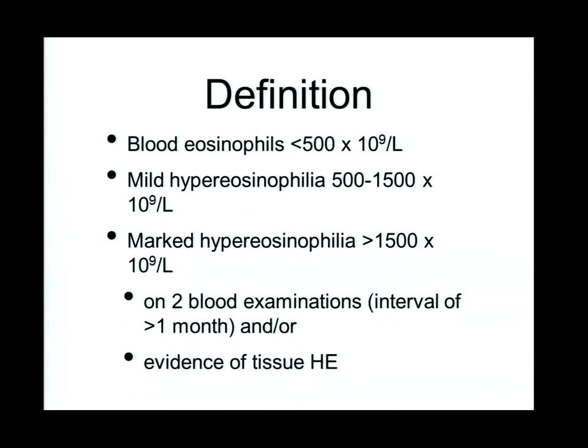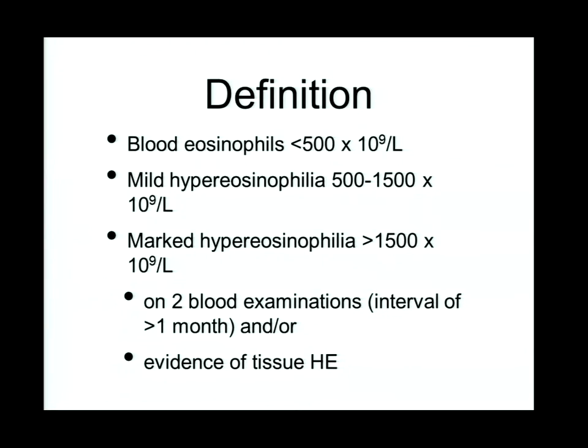And most atopic diseases that we know of, allergic rhinitis, asthma, mild atopic dermatitis, their range is within this range, around 1,000 or less. And then the definition of hypereosinophilia, also called marked hypereosinophilia, is greater than 1,500 per microliter.